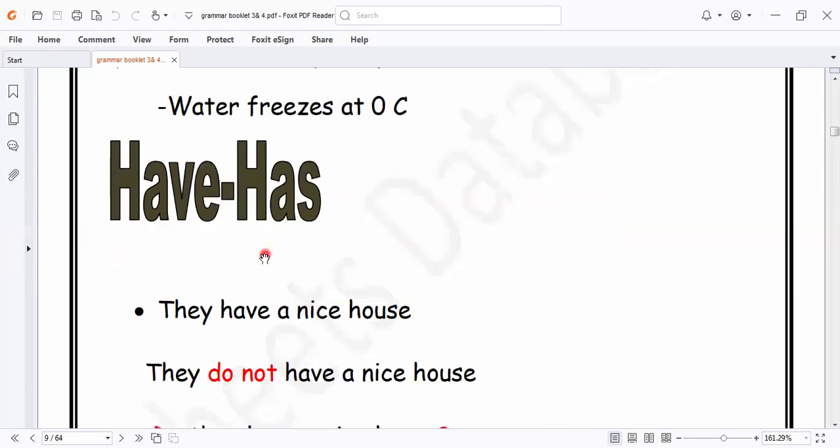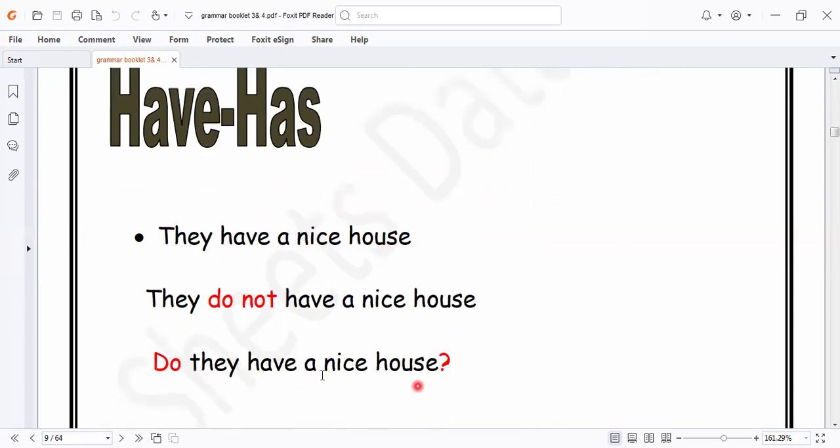Here we have "have." What do we do in this case? We say "they have a nice house." When we ask a question or make a negative, we say "they don't have a nice house," and "do they have a nice house?" And don't forget the question mark here.